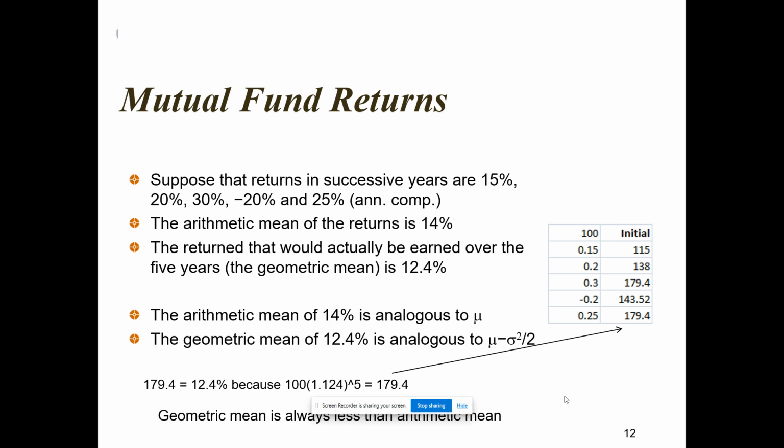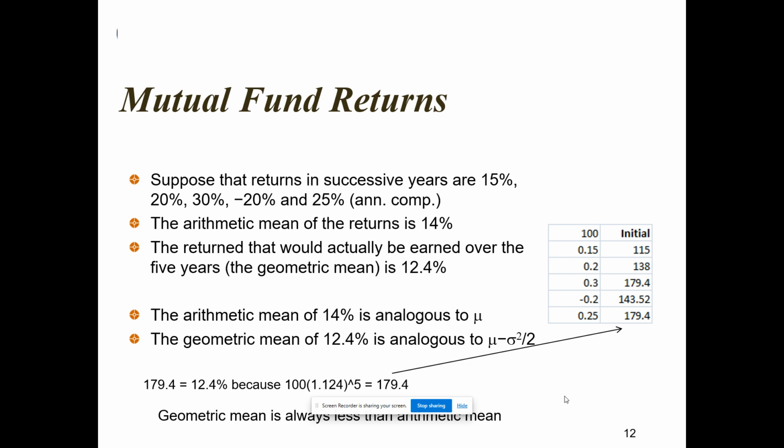Now, one very important aspect you need to keep in mind is how do you use geometric mean and arithmetic mean. And that's best understood if you take an example. So let's take the case of a mutual fund, which is giving you returns over a 5 year period of 15%, 20%, 30%, minus 20%, and 25%. Now, how do you calculate the arithmetic mean?